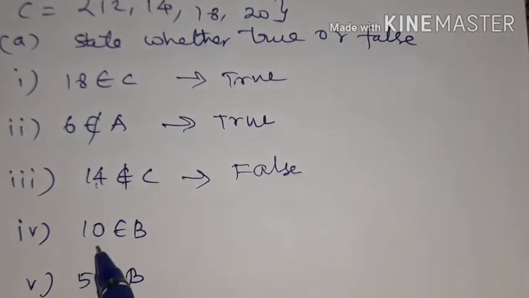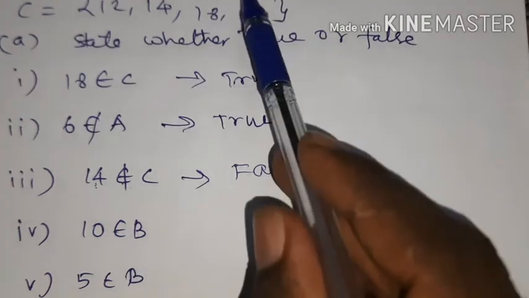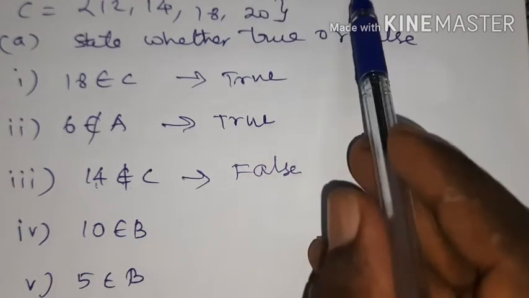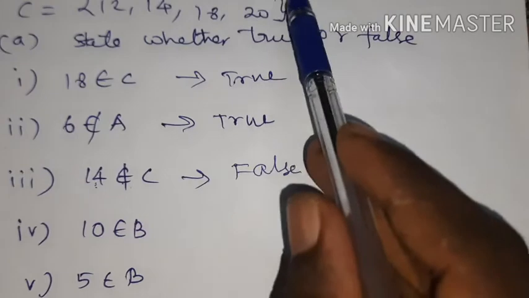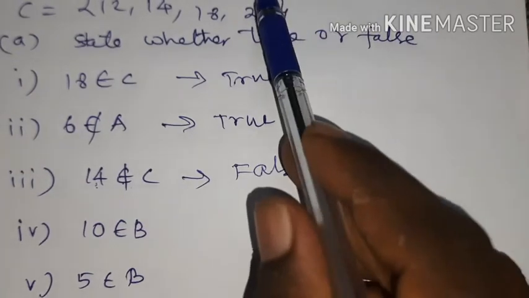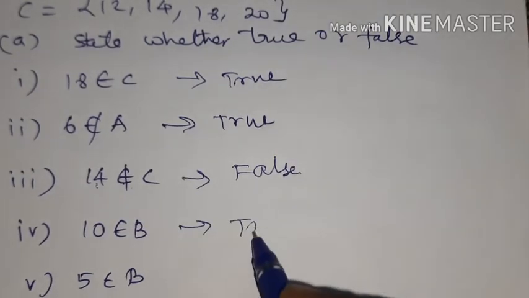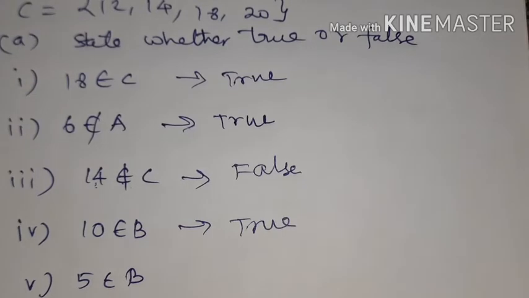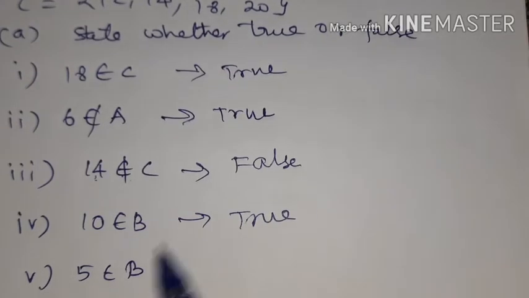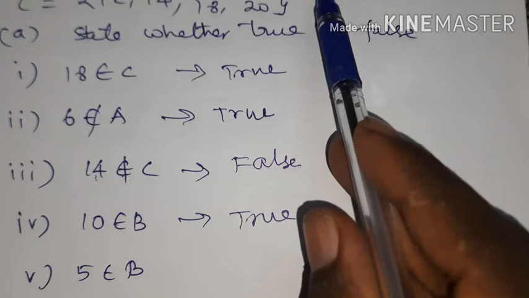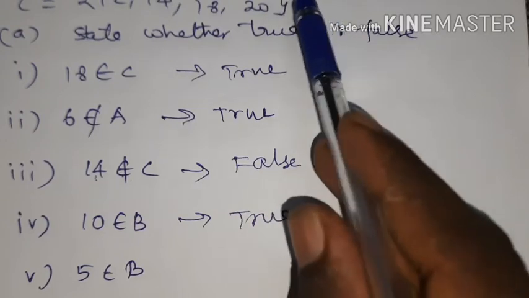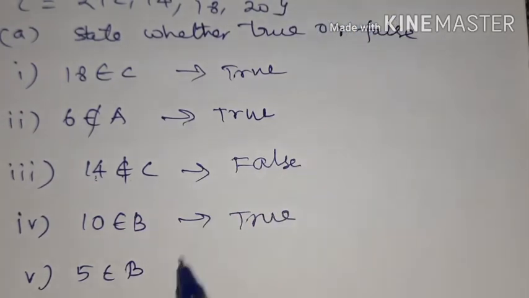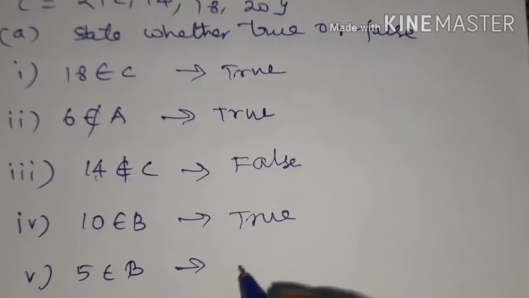Then fifth one, 10 belongs to B. Check the set B: 2, 4, 6, 10. So 10 belongs to B. So true. Next one, 5 belongs to B. 5 not in the set B. So this is false.